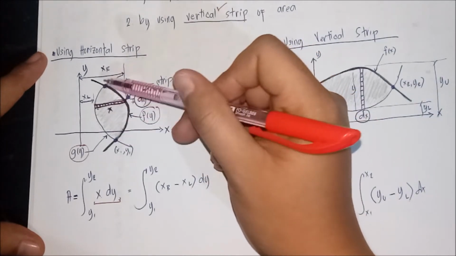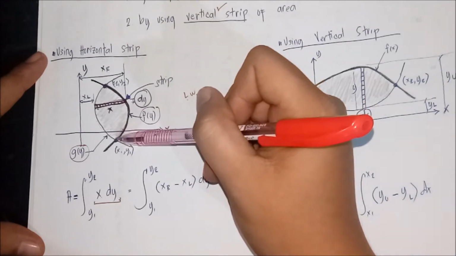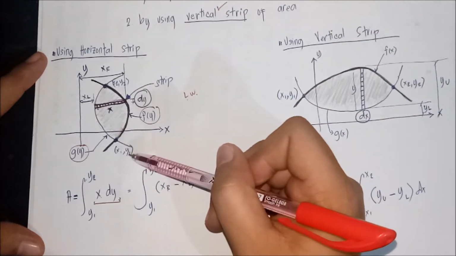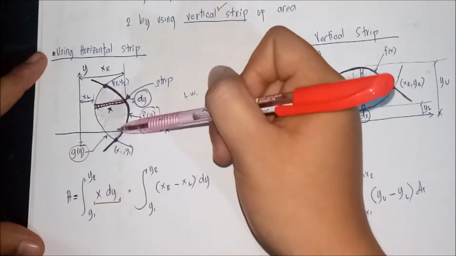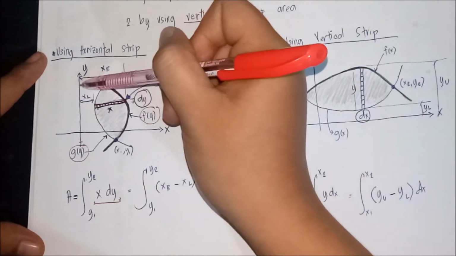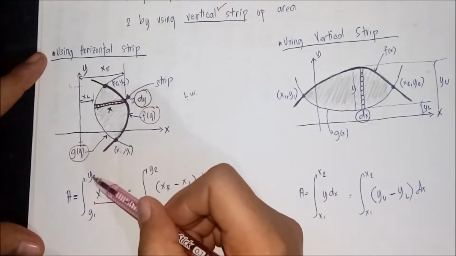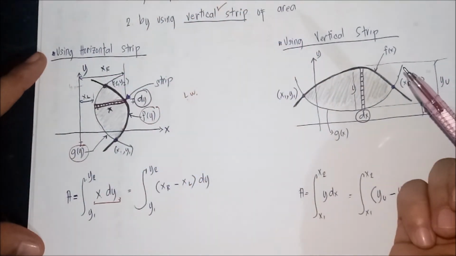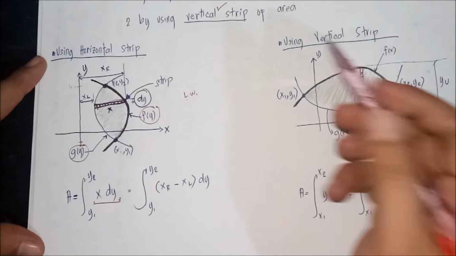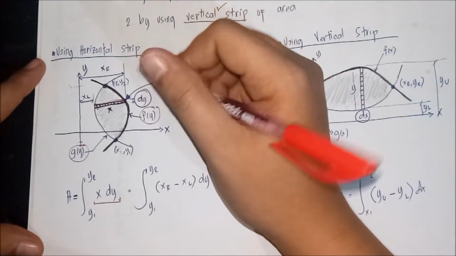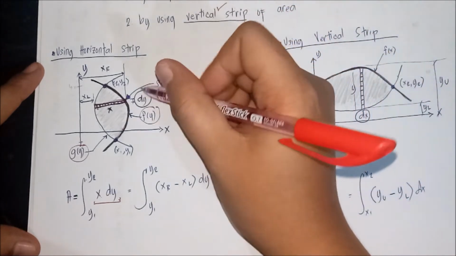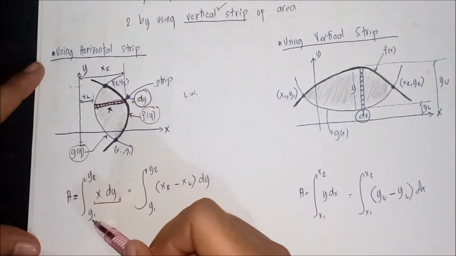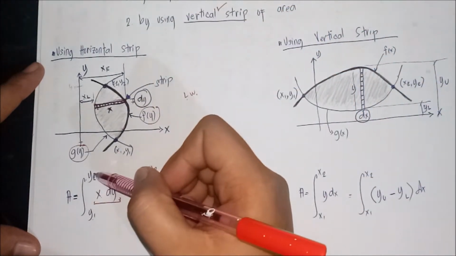So, lower, class, this is your y1. That is from y1, from here, papunta sa taas to y2. Ayan yung limit natin. Okay? So, class, kapag ka dy, yung width mo, yung limit mo, class, is yung y, from y1 to y2.